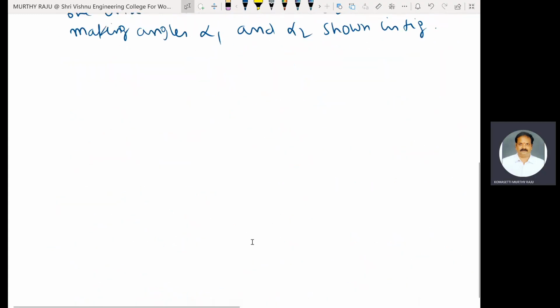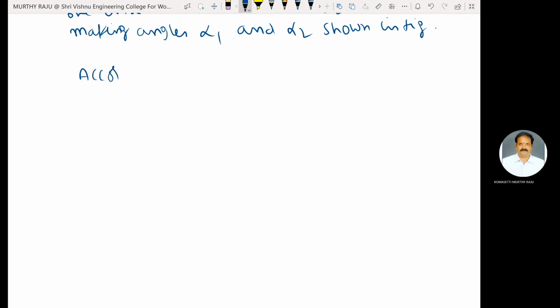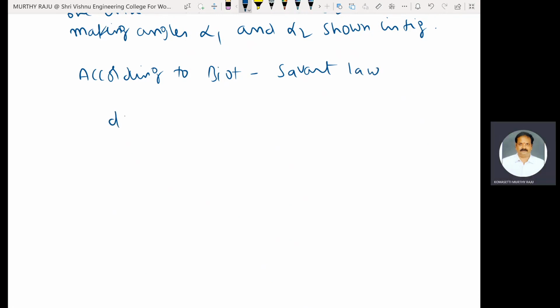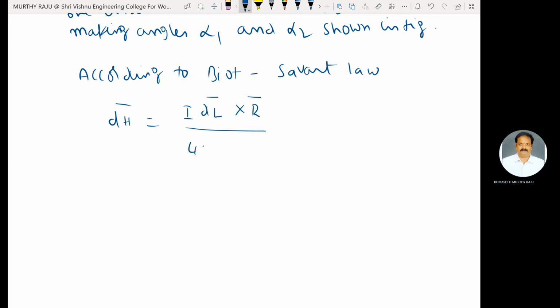According to Biot-Savart's law, dH is equal to I dl bar cross R vector by 4 pi modulus of R cube.